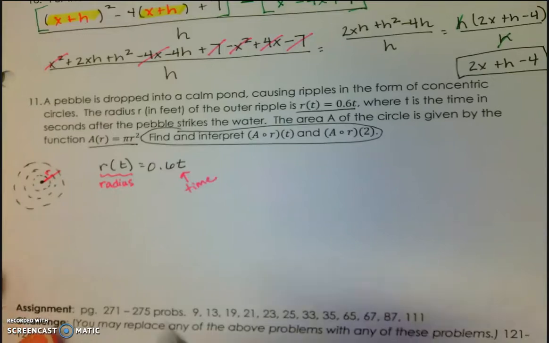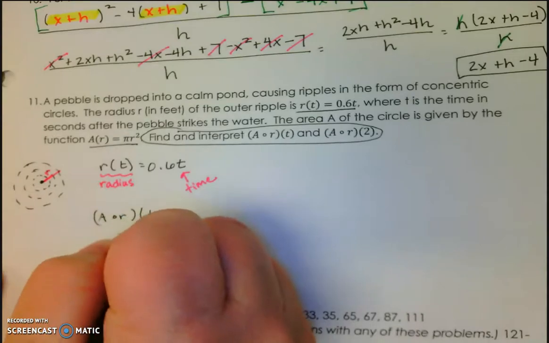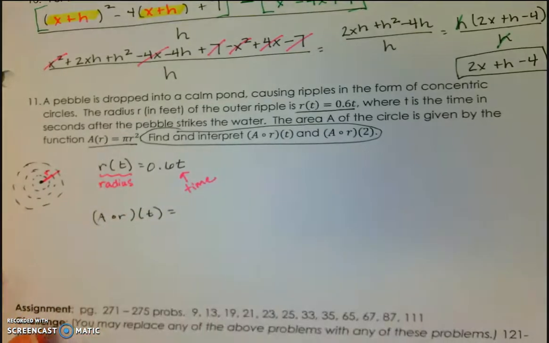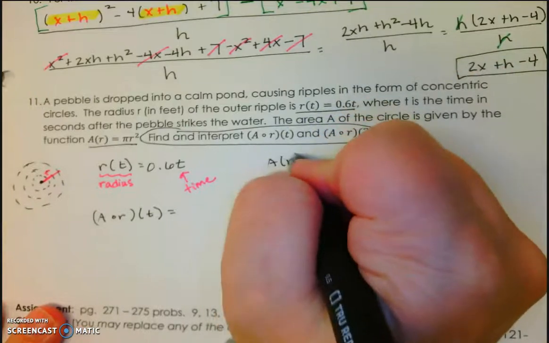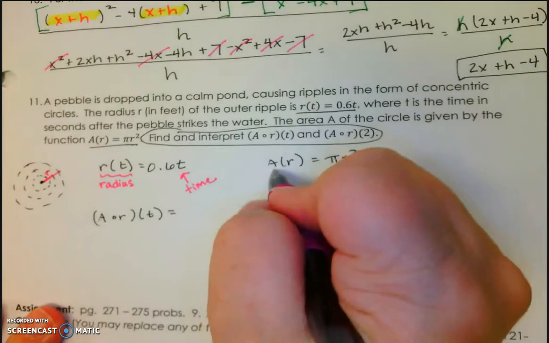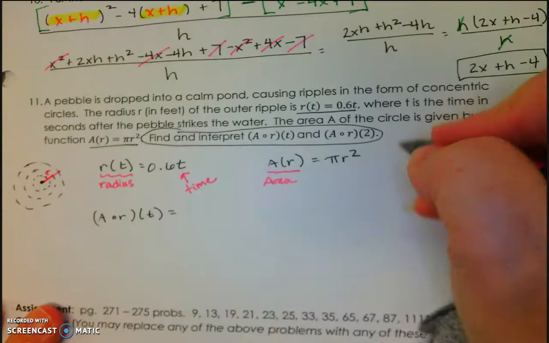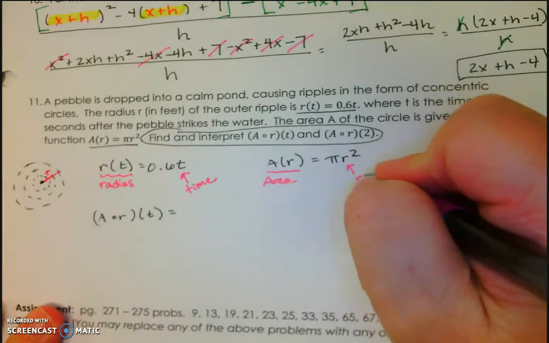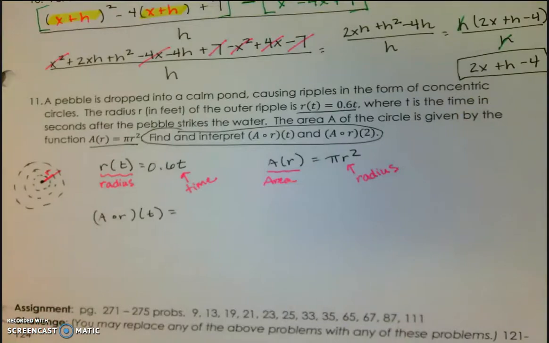So A of r of t, well, let's back up. This one, A of r is pi r squared. A of r is the area of the entire circle, and r is the radius at that particular time.